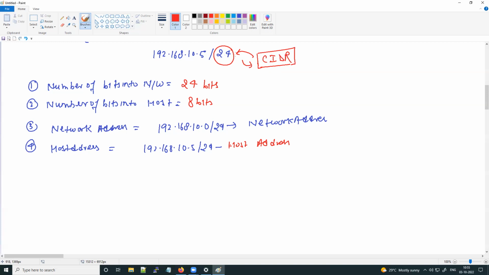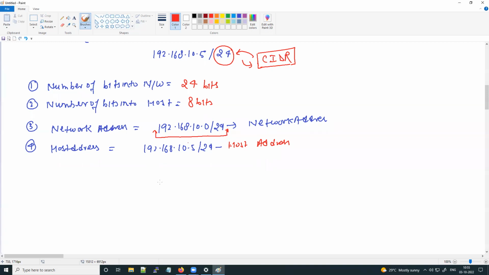And how to write the network address and how to write the host address? For the network address, till 24 bits, make it 1 and the host will become 0. So this is the way to write down the network address, and the host address cannot be written without the network address.